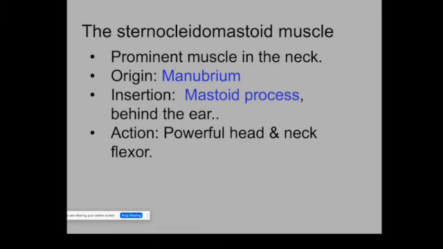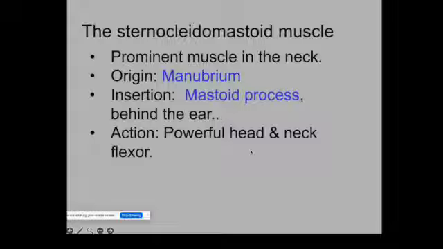Last thing are the sternocleidomastoid muscles. And these are on the side of our neck. We're going to look at the origin and insertions because it's a very prominent muscle. The last origin and insertion for the class. Sternocleidomastoid, origin is the manubrium on the ribs, and the insertion is the mastoid process behind the ear.